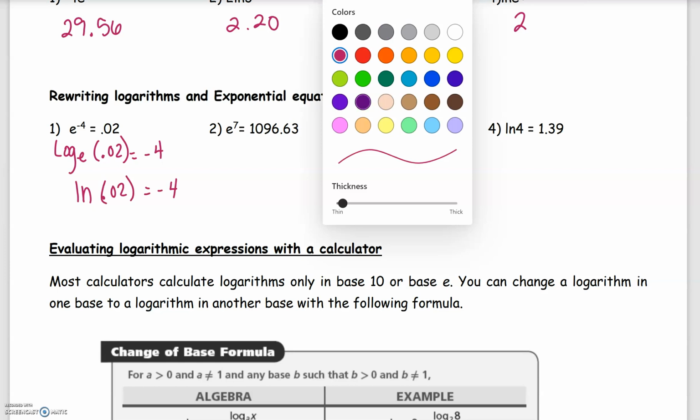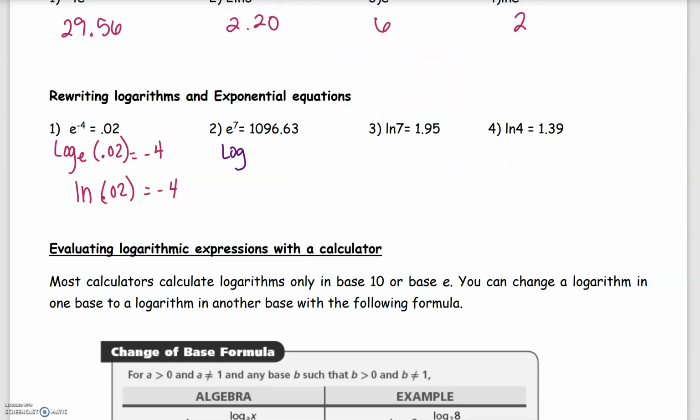On this next one, it's log base e of 1096.63 equals our exponent 7. Again, we're flip-flopping our number and our exponent, and we leave the base the same. We're not going to write log e, we want ln. And there we go.